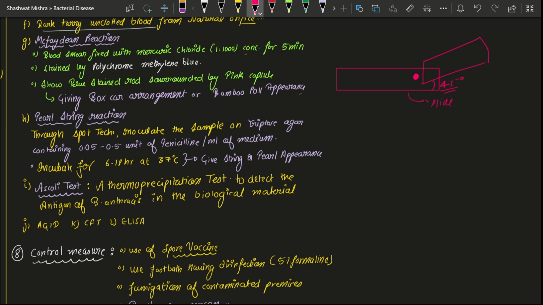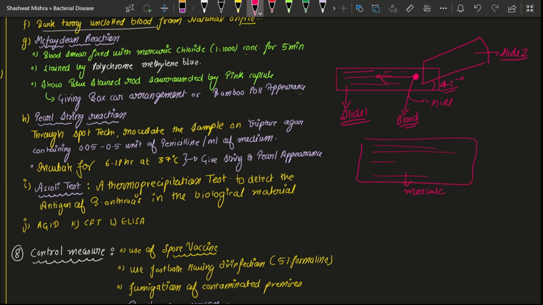The blood that we collected from the site of the animal, we pour on one end of the slide. Now, using slide 2, this is slide 2, this is slide 1, we spread this blood throughout slide 1. There will be formation of a thin blood smear. Now we place mercuric chloride as a fixative.